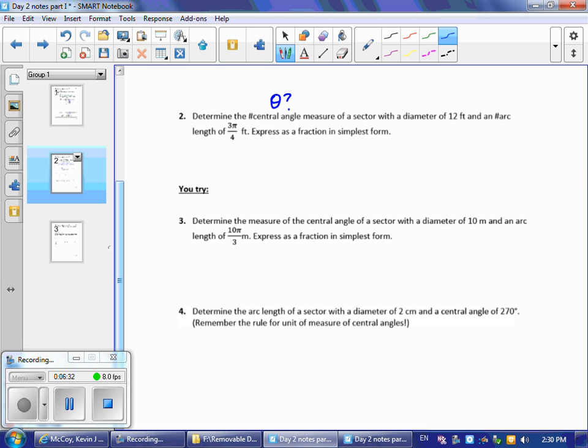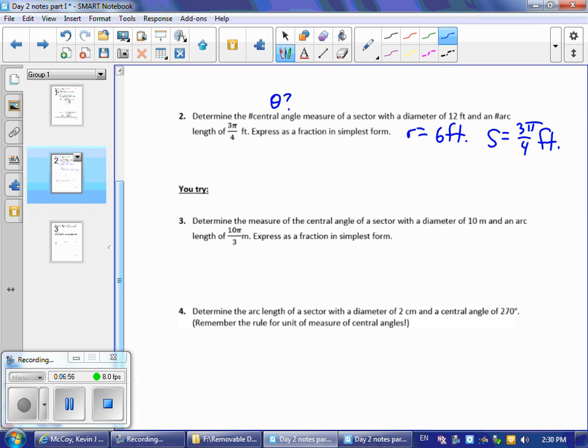That's what we don't know. So they gave us diameter, not really sure why, but that tells us the radius is 6 feet, half the diameter. And they told us the arc length is 3 pi fourths feet.